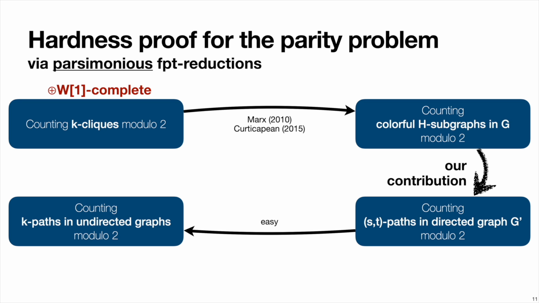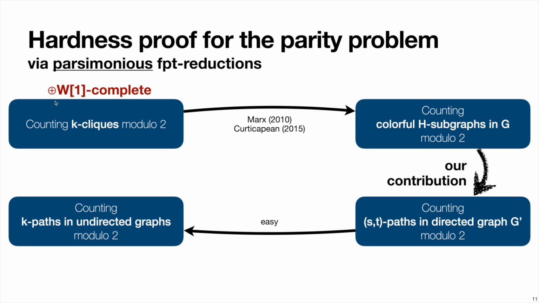Here we sketch the hardness proof for the parity problem. The proof is via parsimonious FPT reductions. So we start from counting k-cliques modulo 2. This problem is more or less by definition parity-W[1] complete, because it can be used to define the parity-W[1] problem.